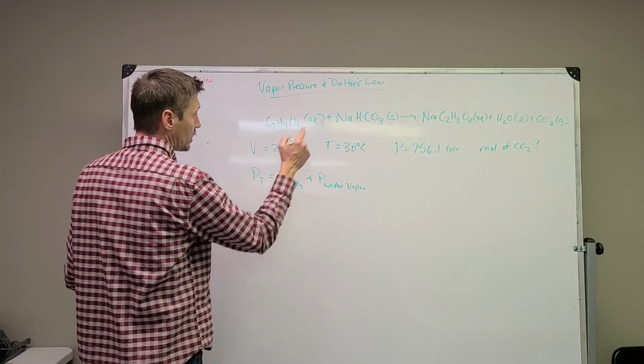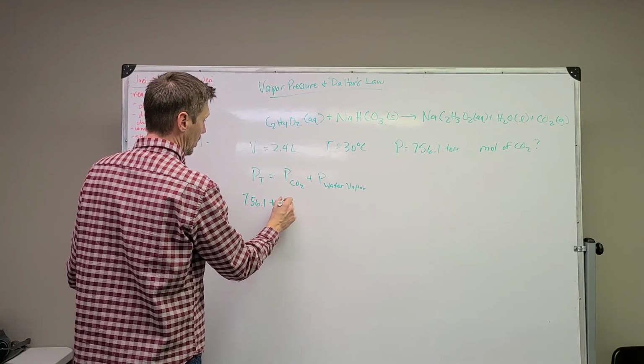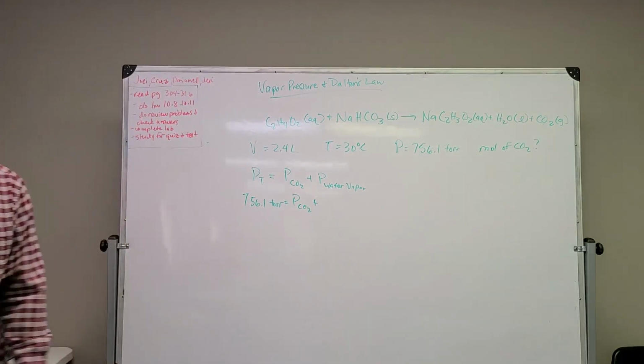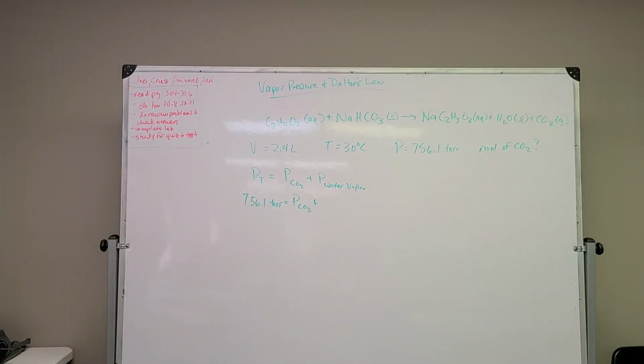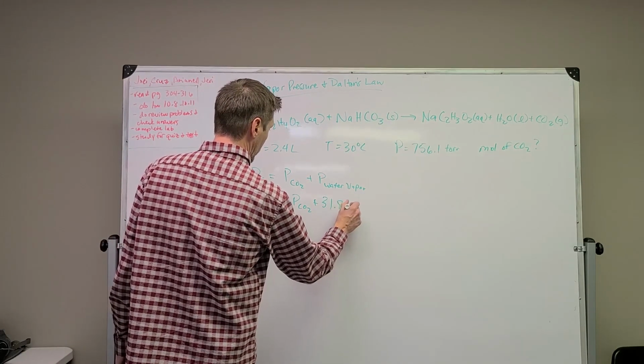Well, our total pressure, they told us, was 756.1 torr. We don't know what the pressure of CO2 is, but we do know by our table on page 311, and I will give you this table on the test, that at a temperature of 30 degrees Celsius, water has a vapor pressure of 31.8 torr.